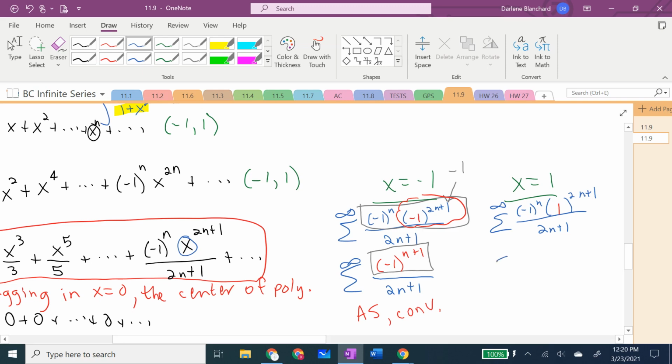Now let's look at the other one. It just didn't get that special extra negative sign. But do you see that it is still also an alternating series? Still an alternating series, and it converges.